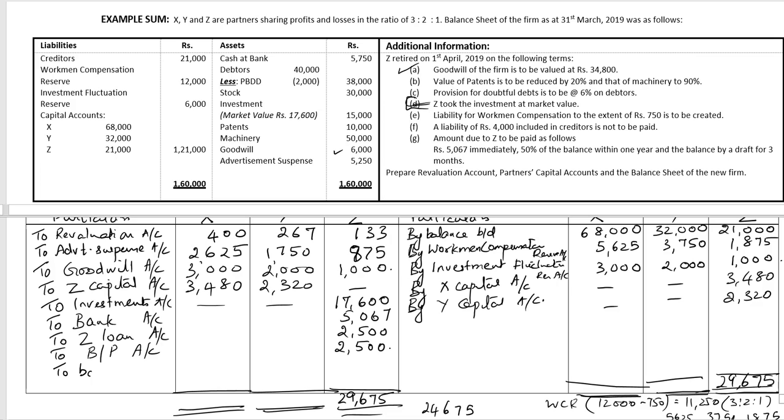We'll balance X and Y's capital. In the case of X, greater total 76,625. The total on the debit side in the case of X, 9,505.